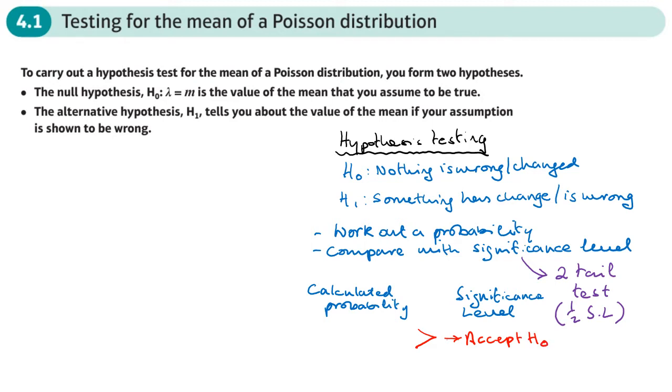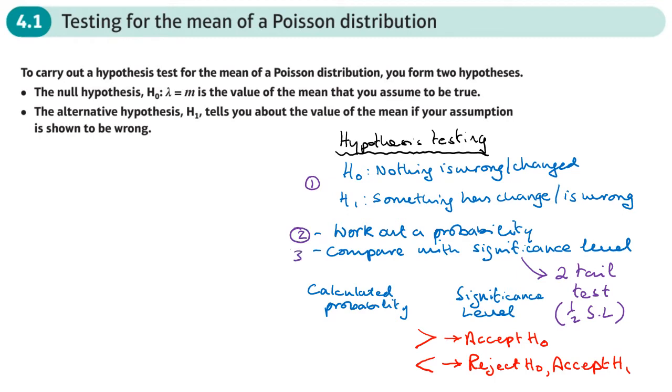If, however, our calculated probability is less than our significance level, then that's going to give us evidence to suggest we're going to reject H0. Another way of saying that is that you're going to accept H1. So hypothesis testing always has these steps. Number 1, what's H0 and H1? Number 2, work out a probability.